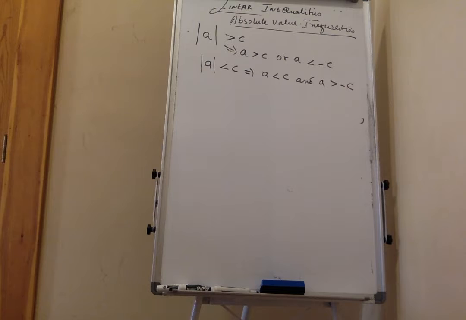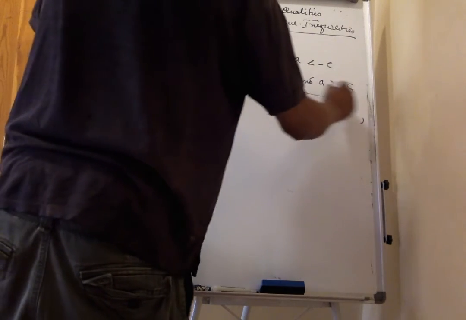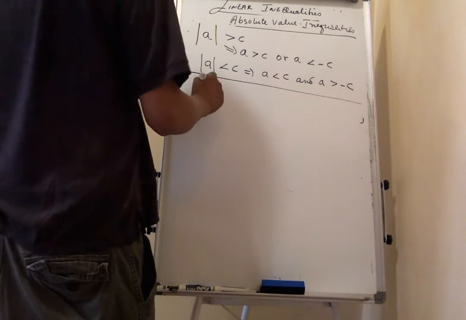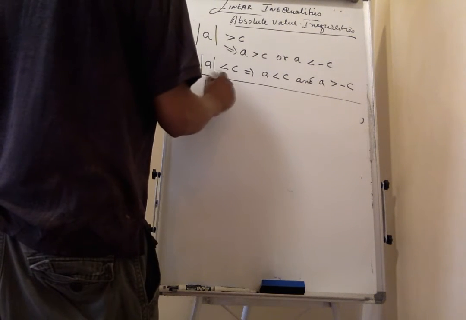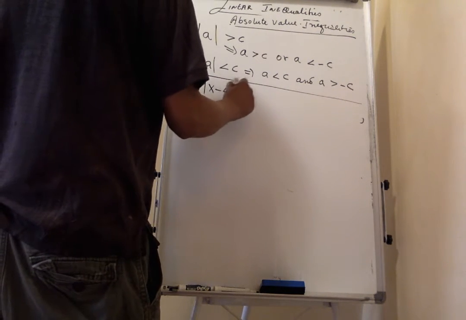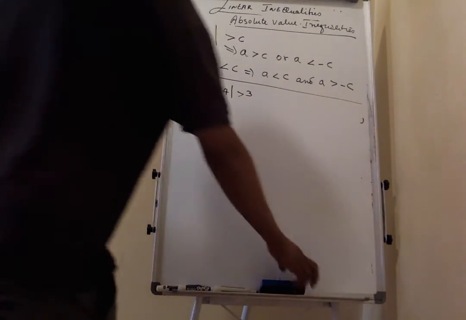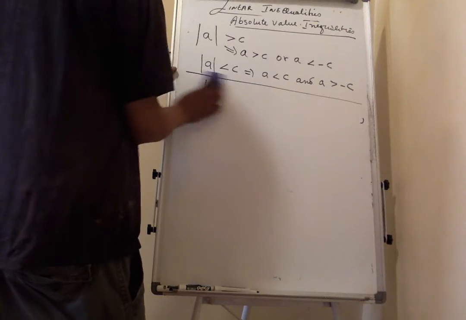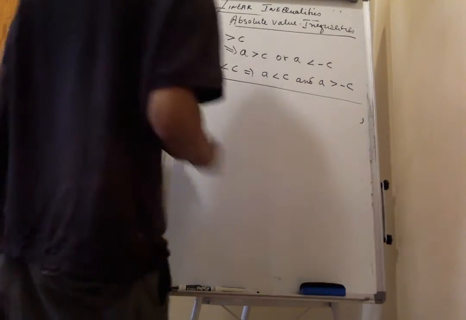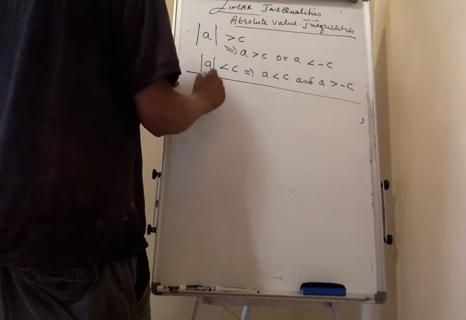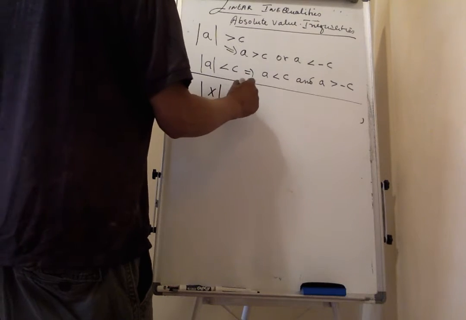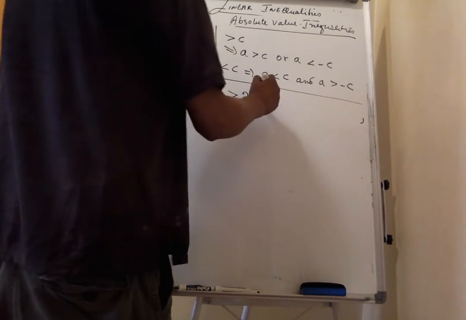So let me do this. In fact, I'm going to give you one example. The absolute value of x minus 4 is greater than 3. Probably let me start with just one. Let's say the absolute value of x is greater than 2. So this means what?